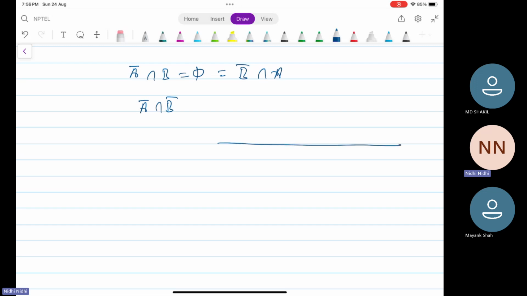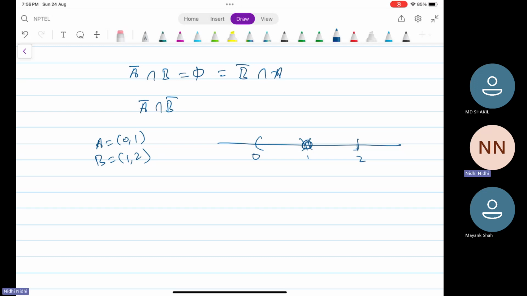If we consider the open interval A, (0,1), and B, (1,2), obviously these two sets are disconnected because 1 is not in either set.